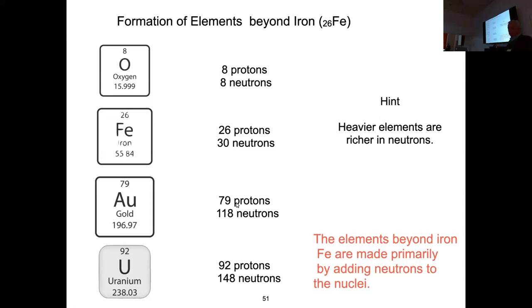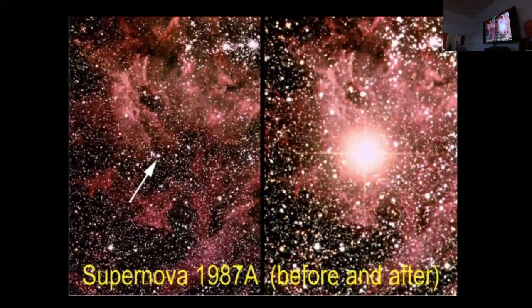But then gold has 79 protons and many more neutrons, 118 neutrons. And you go to uranium, it has 92 protons and 148 neutrons. So see, there are a lot of neutrons coming in, and that's kind of a hint. We've got to look at the neutrons to make these heavy elements. I'm not sure how, it's kind of just a hint, a sense, maybe.